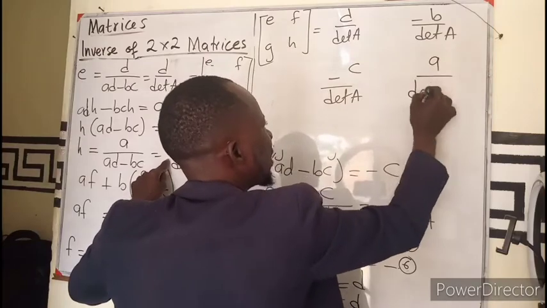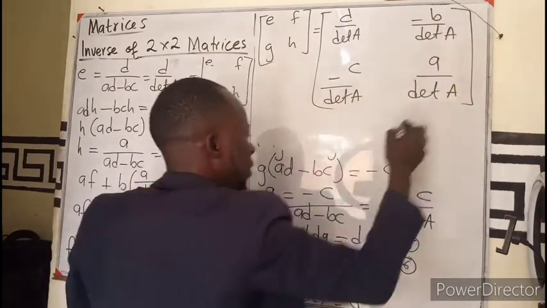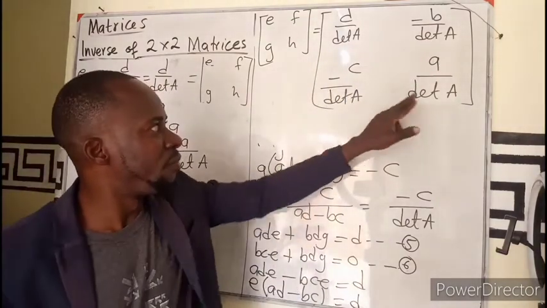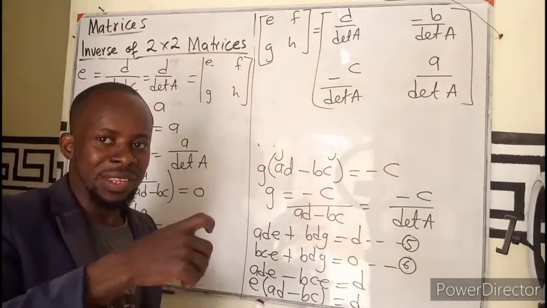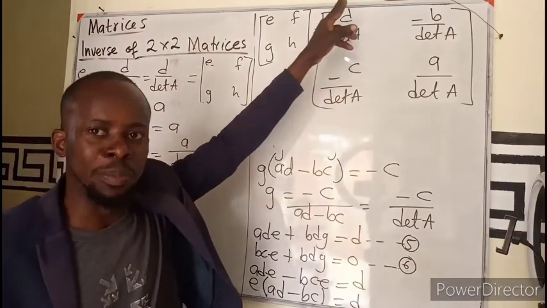A over determinant A. You can see in that first, second, third, fourth entry, they all have a denominator of determinant A. Meaning it is 1 over determinant that is multiplying that.